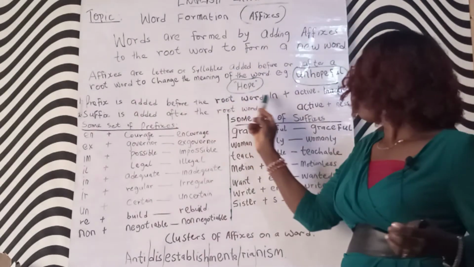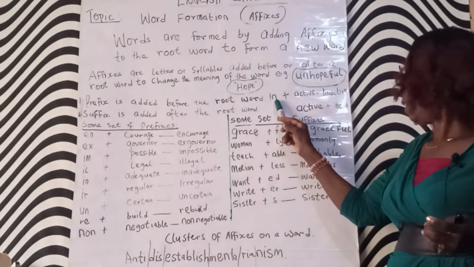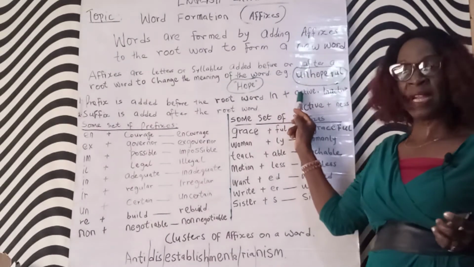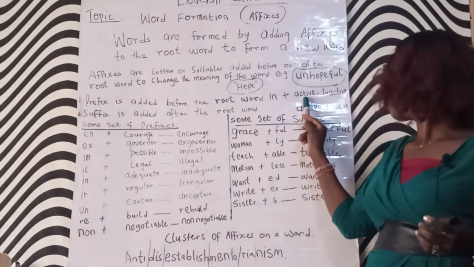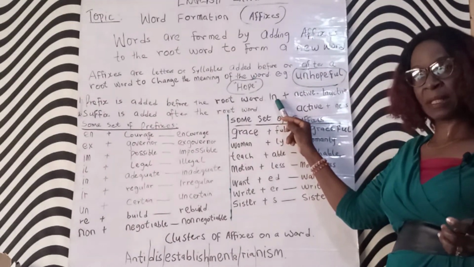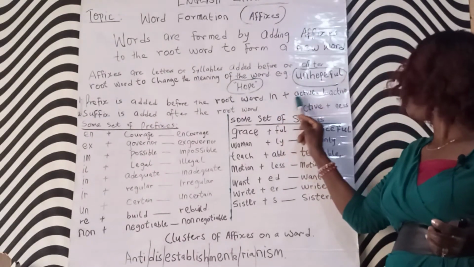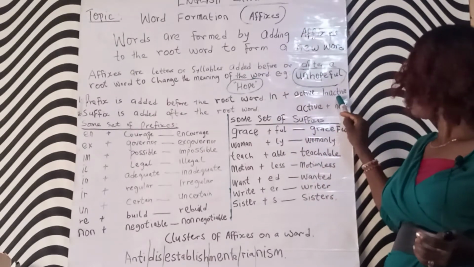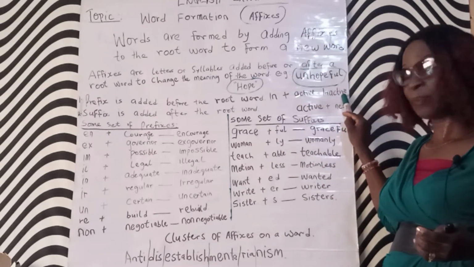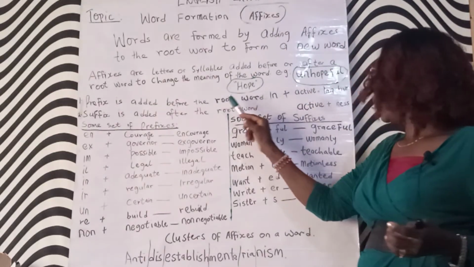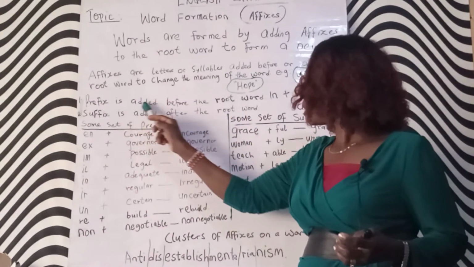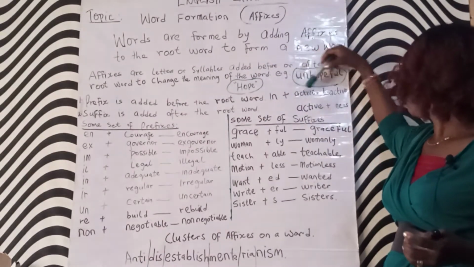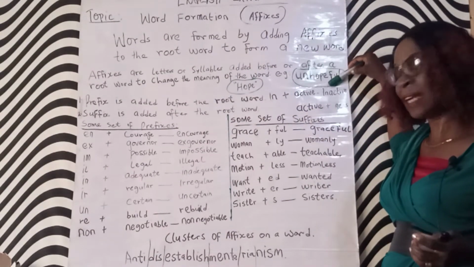So example of prefix here, in plus active. The root word is active. And when you add the prefix to the root word, that is in plus active, you have inactive.